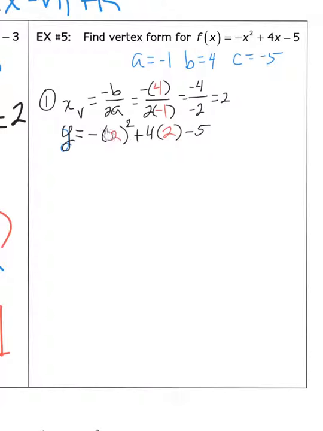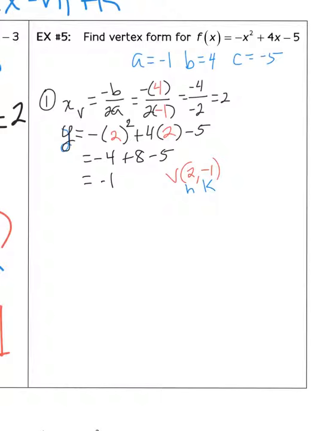So 2 squared is 4 times the negative. That has to be a -4. 4 times 2 is 8 minus the 5. So a -4 and -5 is -9, and an 8 is -1. So your vertex is 2, -1, which gives us our h and our k.